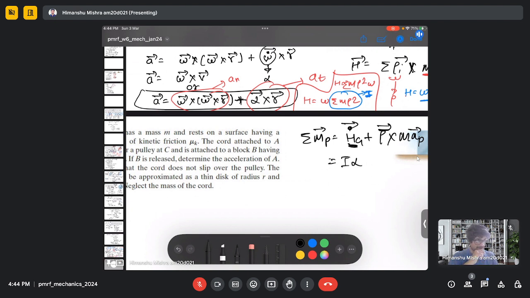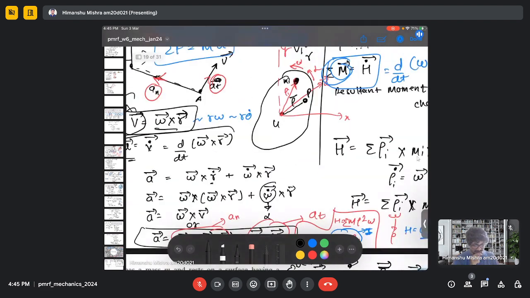D is the position vector between that point P and the center of mass. So this is your vector form, and this is your scalar form. This is when you are given some arbitrary point P in the body.